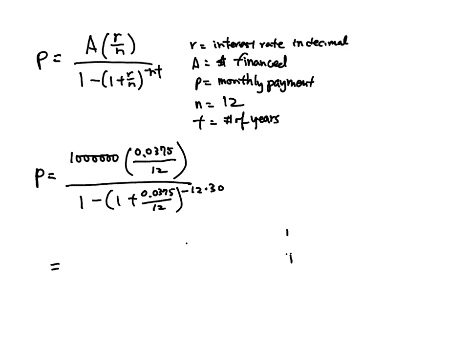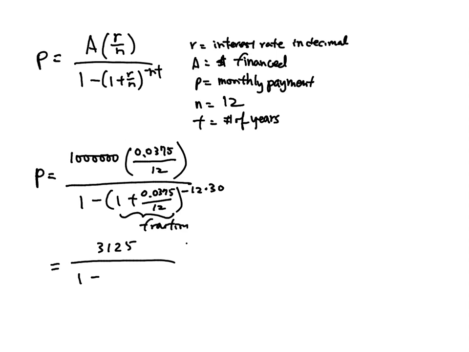Now, I suggest you calculate this in groups. Let's use our calculator to figure out the numerator first. You have 1 million times 0.0375 divided by 12, and you get 3125 all over. With the graphing calculator, you have the fraction button, so I'm going to see if I can make this into a fraction. 1 plus 0.0375 divided by 12, Math, fraction.